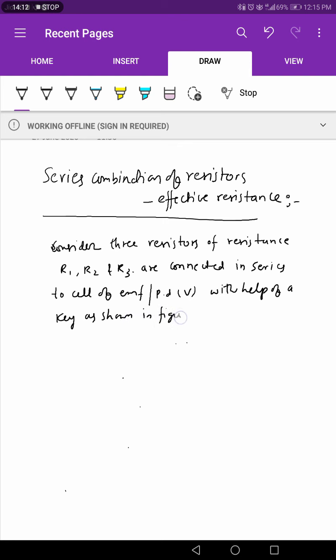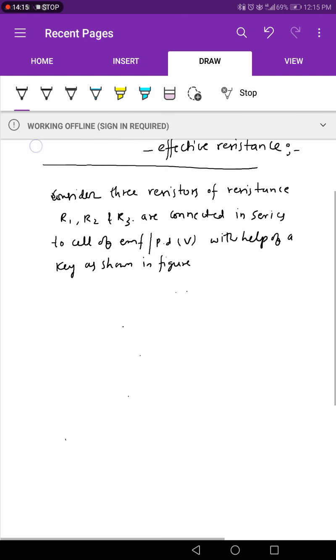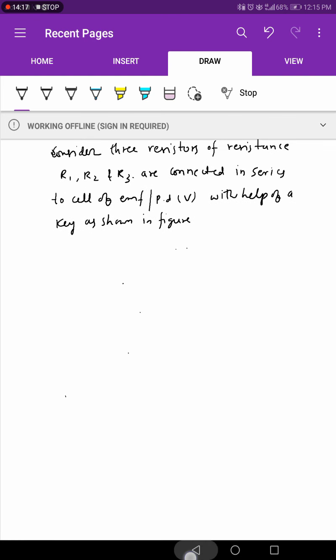The same you can copy in your notes. Okay? Right. So what is the figure for this? You draw this figure.